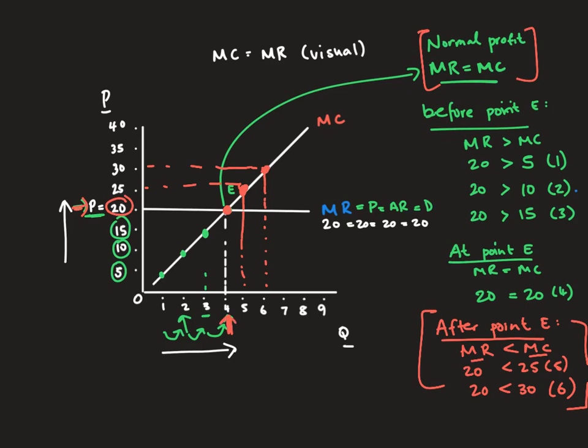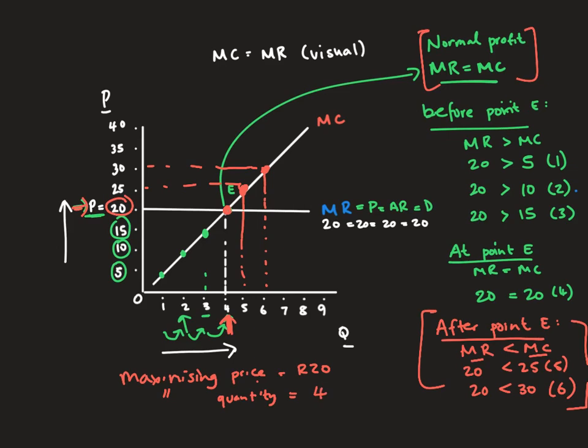So here the maximizing price is equal to 20 Rand, and our maximizing quantity can be understood as 4 units.